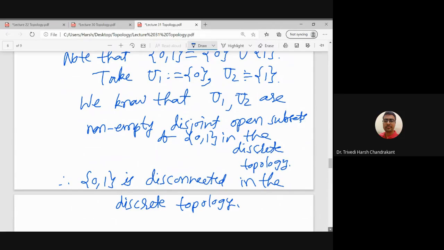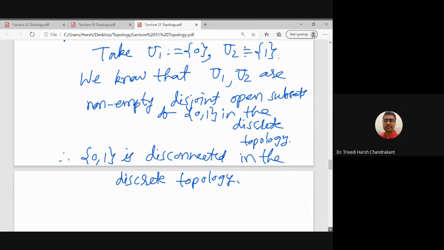So what we are getting is that, on using that theorem, {0, 1} is a connected space, but actually {0, 1} is a disconnected space, right? So therefore we get a contradiction.